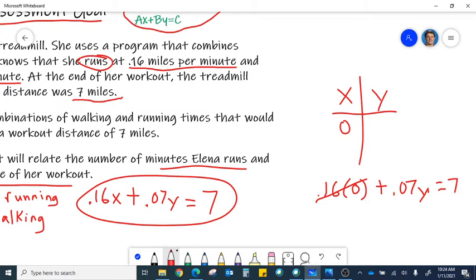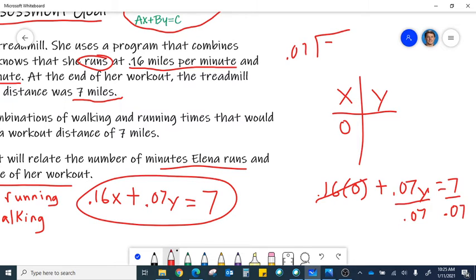I know that 0 times any number is 0, so I end up with 0.07y equals 7. So I divide by 0.07, the divisor, and the dividend goes right underneath.